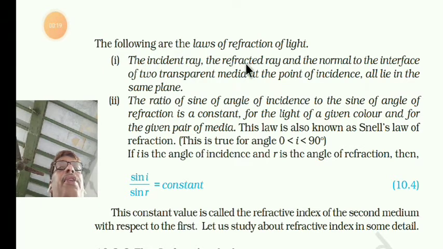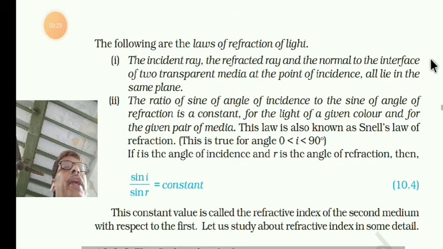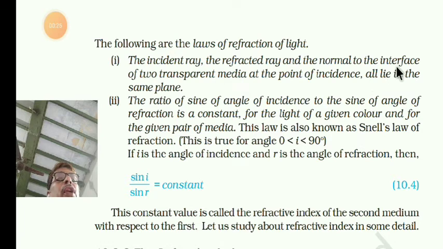The incident ray, the refracted ray, and the normal to the interface, where interface means the point of connection of two transparent media, at the point of incidence all lie in the same plane.